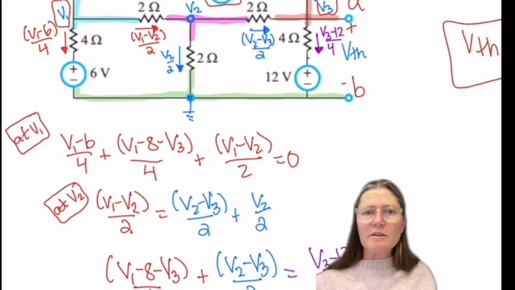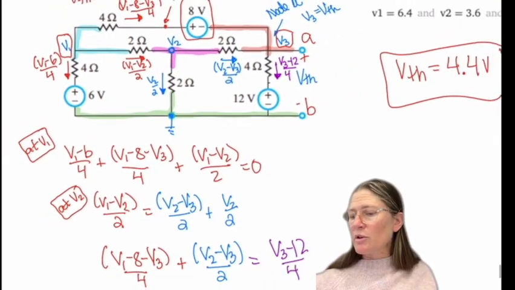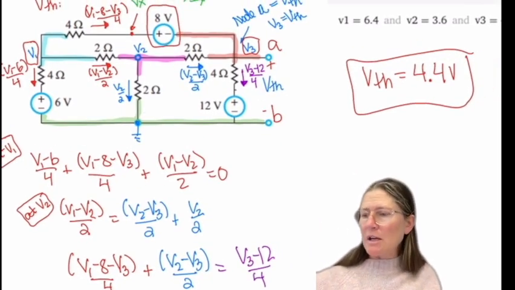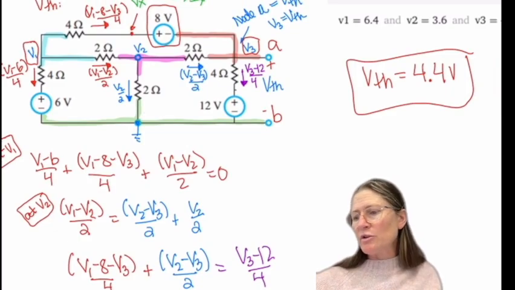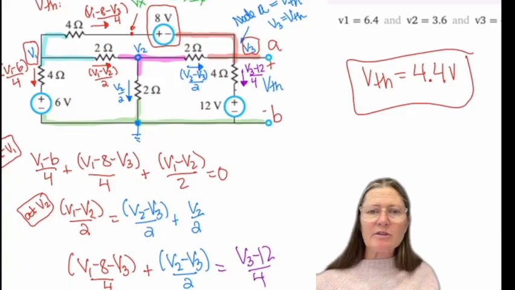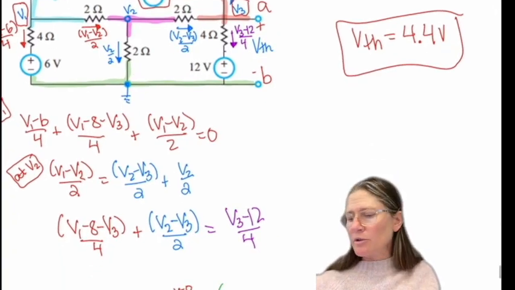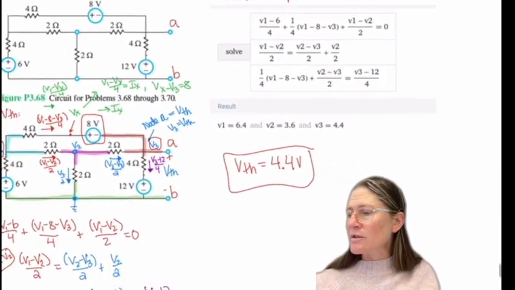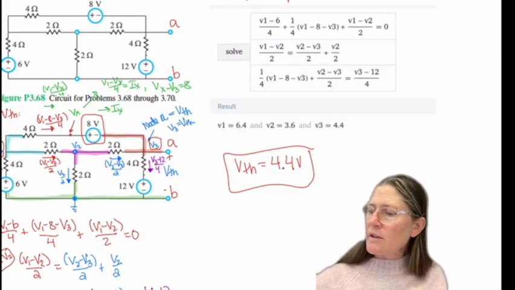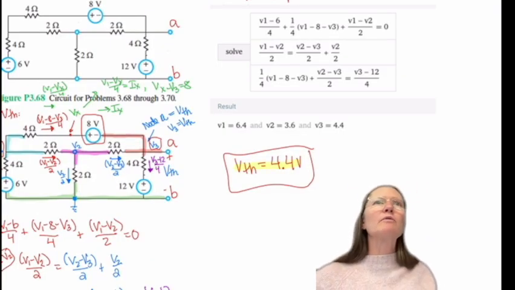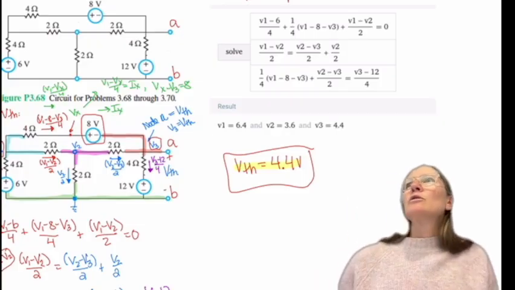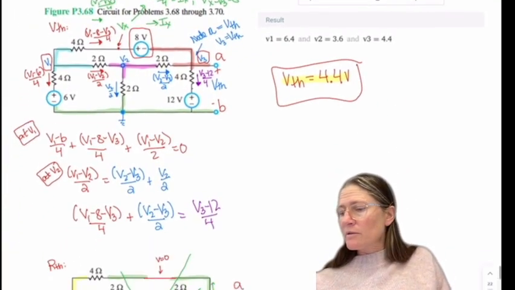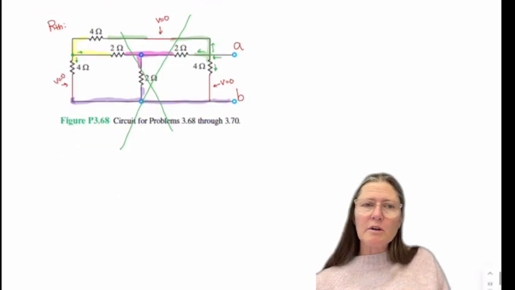So V2 minus V3 over 2 plus V2 over 2. And then at V3, you have the top one coming in, V2 minus V3 over 2 coming in, and then V3 minus 12 over 4 going out. And putting that into Wolfram Alpha, checking to make sure the equations are the same, is going to give a VTH of 4.4 volts. So that's solving that set of equations. So VTH will be 4.4.